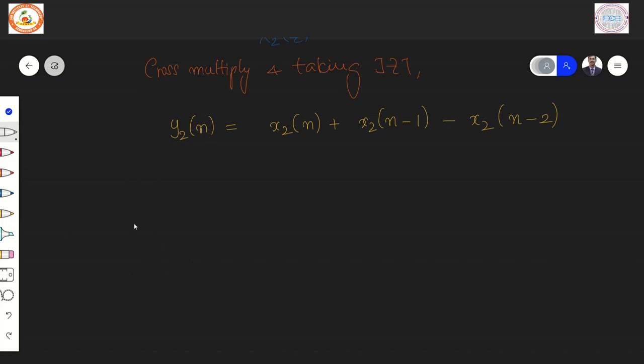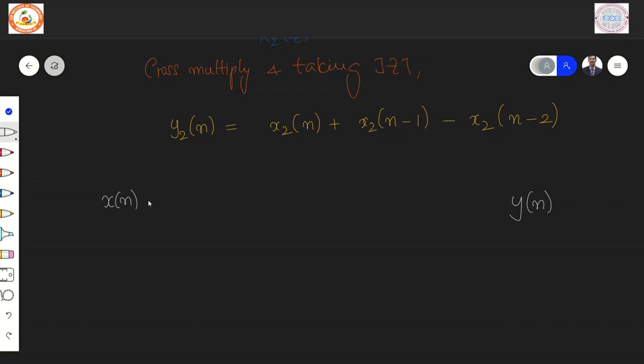Therefore, first we consider the input, which is called x(n). On the other end, we get the output called y(n). The first implementation will be that of the equation that we obtained first.